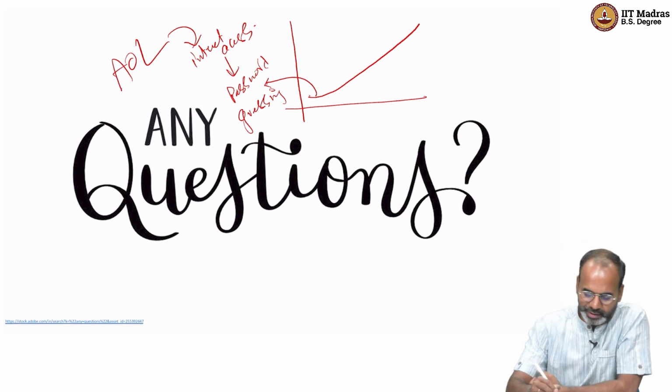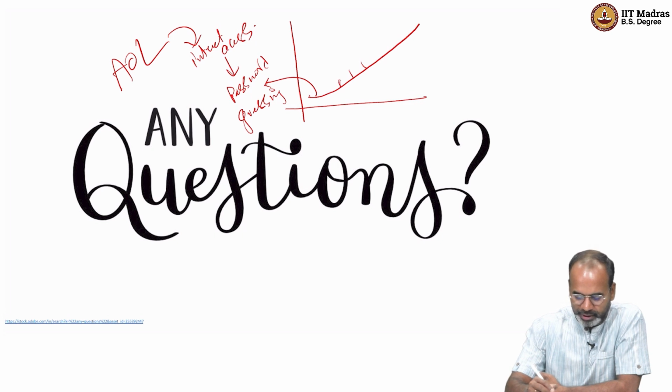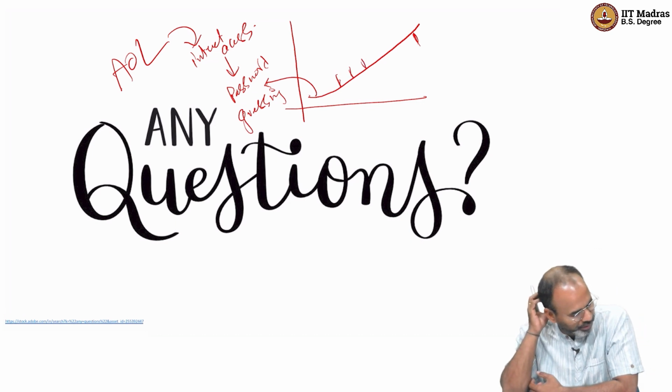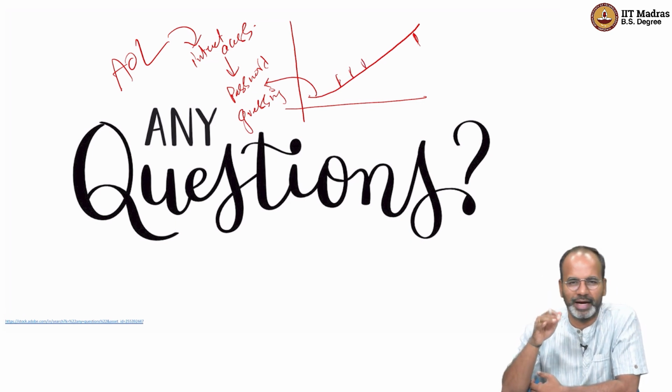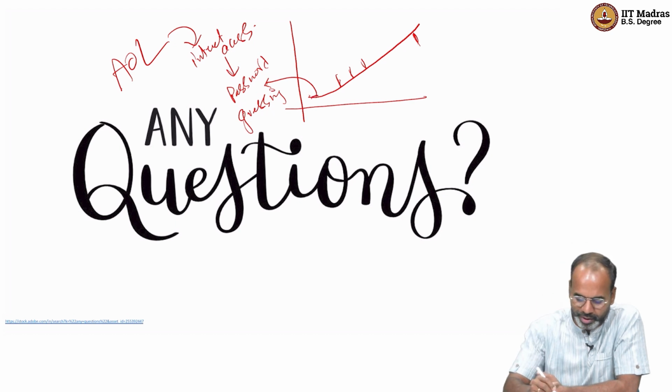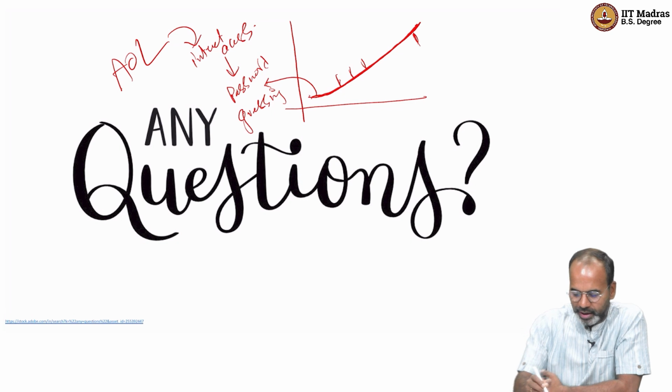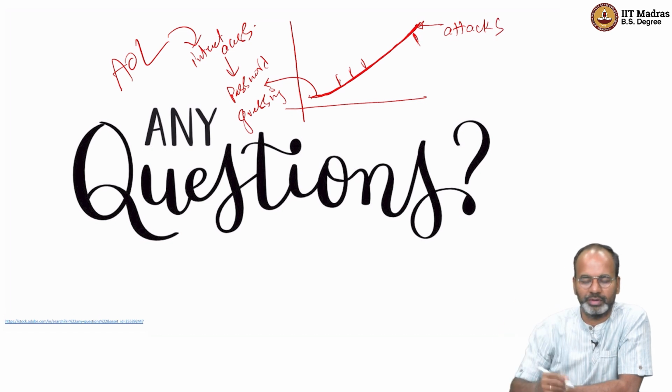And of course, this line has been going up, with password guessing, phishing attacks, semantic attacks, DDoS attacks, DoS attacks. All of these have been going on like this. And the way it is growing is that the number of times the attacks happen is also very high. That's what this growth is.